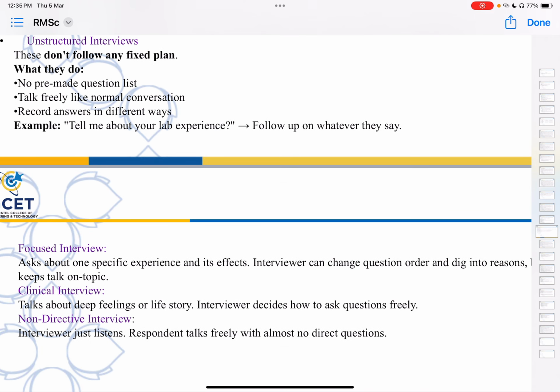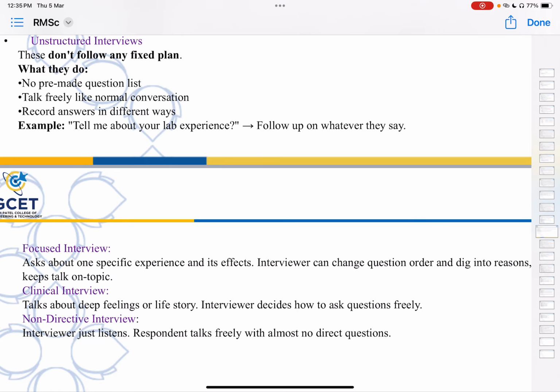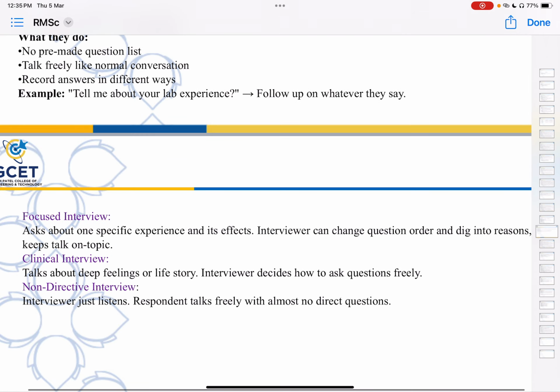The next is the focused interview. In a focused interview, the interviewer asks about one specific experience and its effect. The interviewer can change the question order and dig into reasons, but keeps the talk on topic. Then the next is the clinical interview.